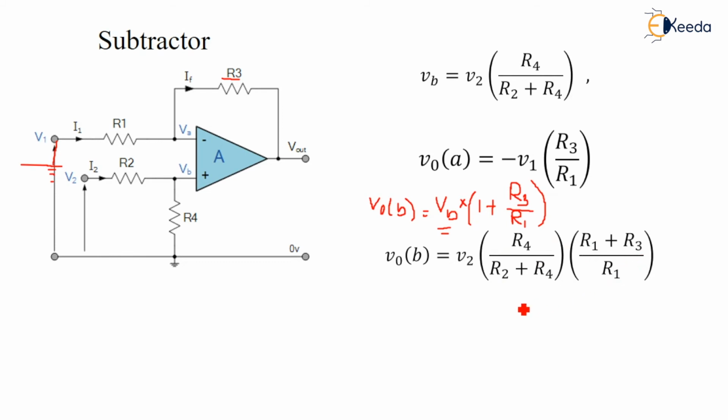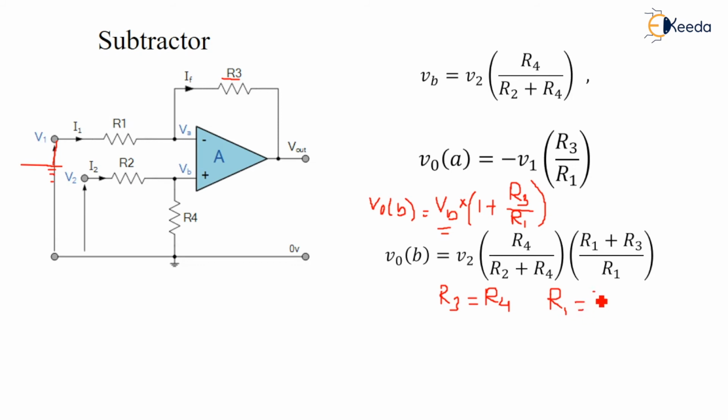Let us assume that R3 is equal to R4 and R1 is equal to R2, for better understanding.